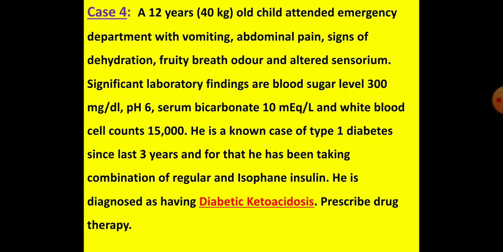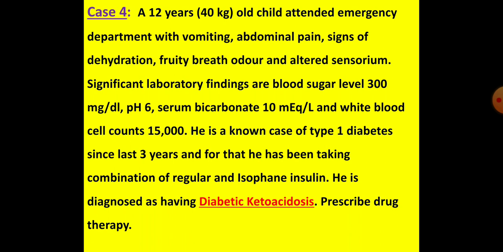So now the next case, a 12 year old child, weight 40 kg, attended the emergency department with profuse vomiting, abdominal pain, signs of dehydration, fruity breath odor and altered sensorium.